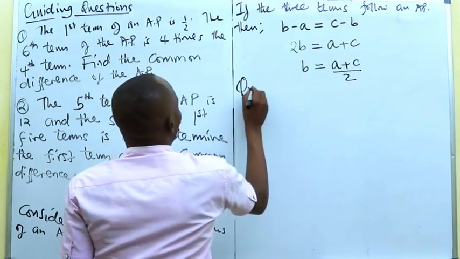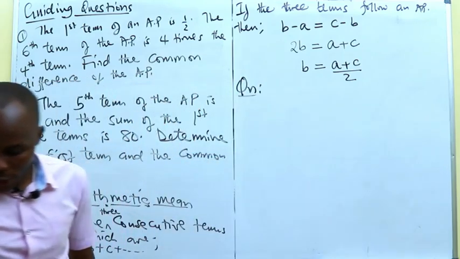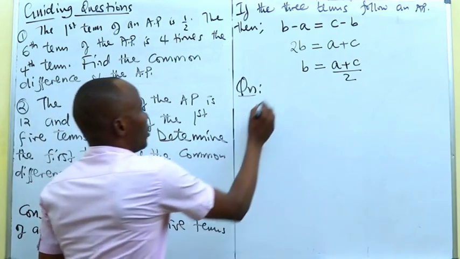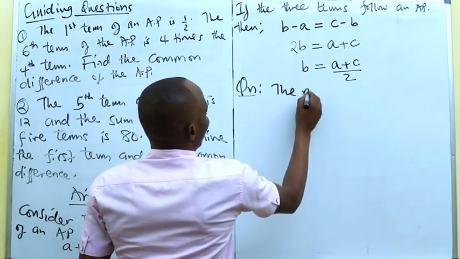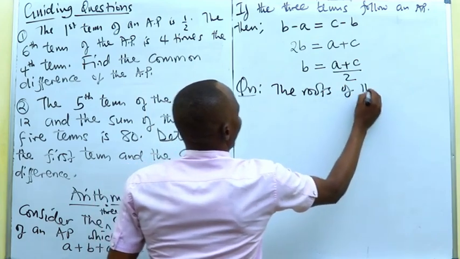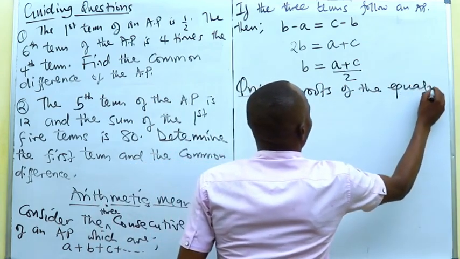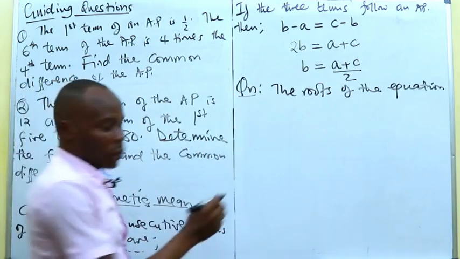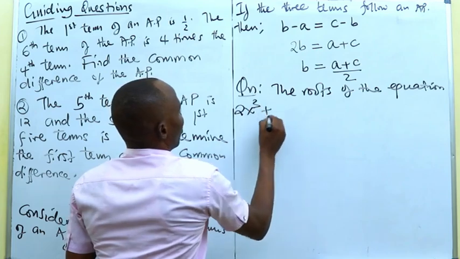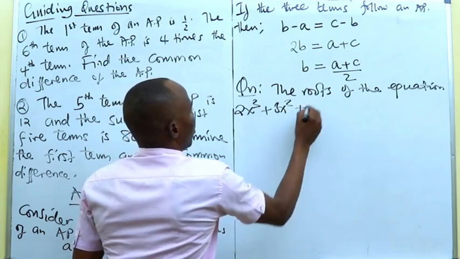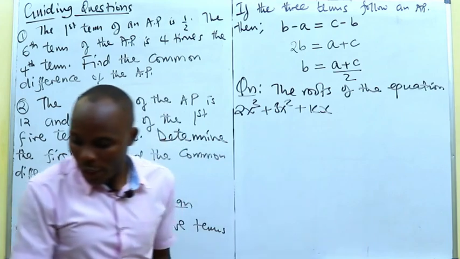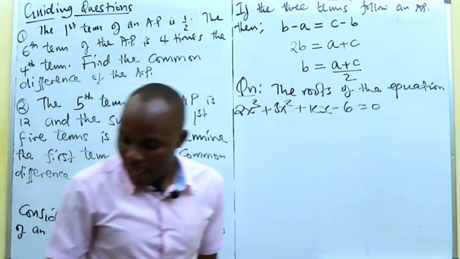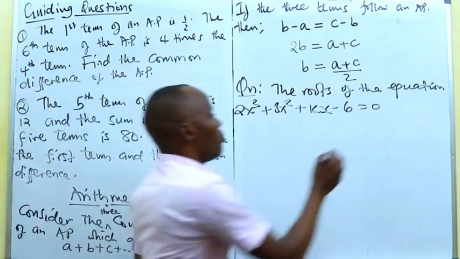So I have a guiding question also there. The roots of the equation 2x cubed plus 3x squared plus kx minus 6 is equal to 0 are in an AP.